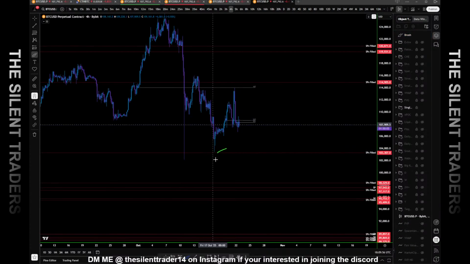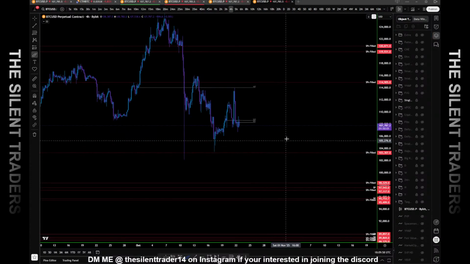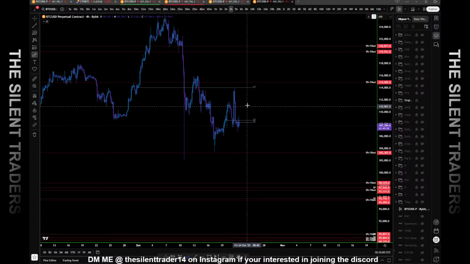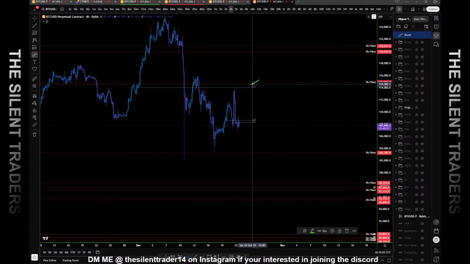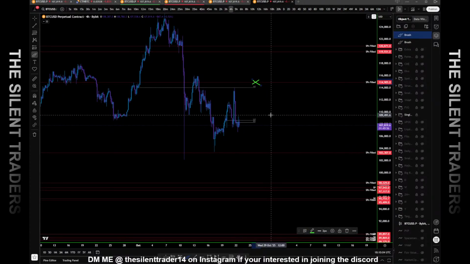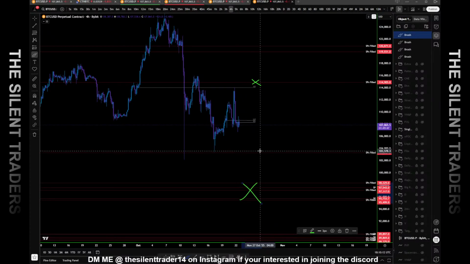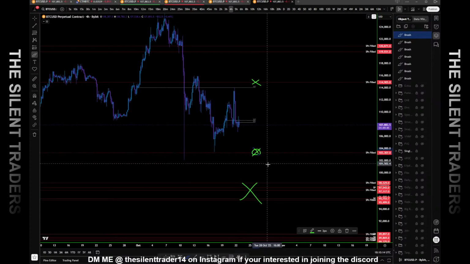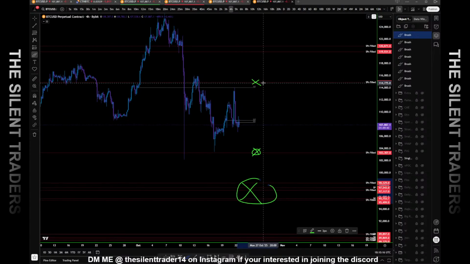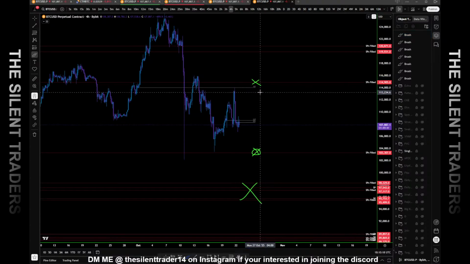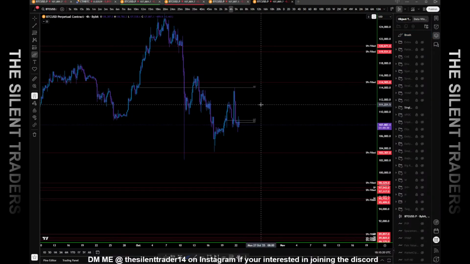We also filled a single print going into those order blocks. So the first single print to the upside to target is 114,900, and then the first decent pile of single prints to the downside is 98,300. I wouldn't really be targeting this one because it's already been tapped into. I would say these two are your first targets for single prints being filled.